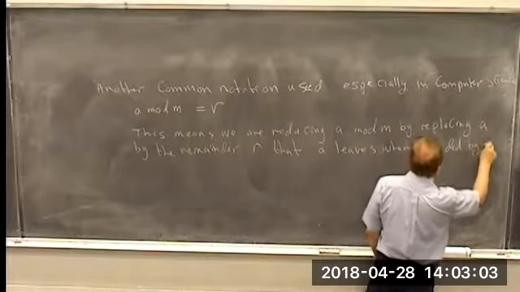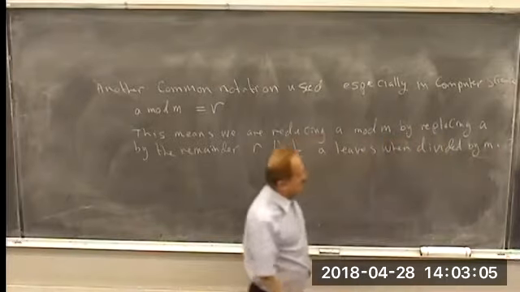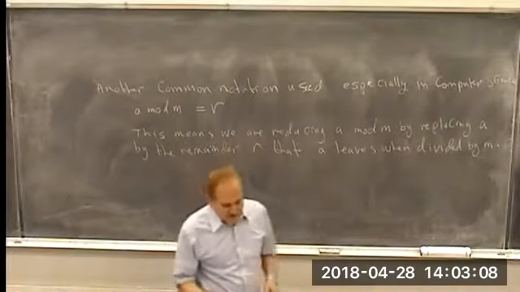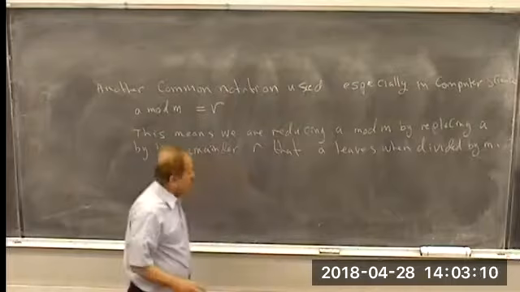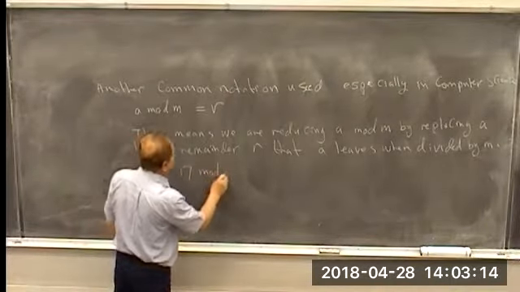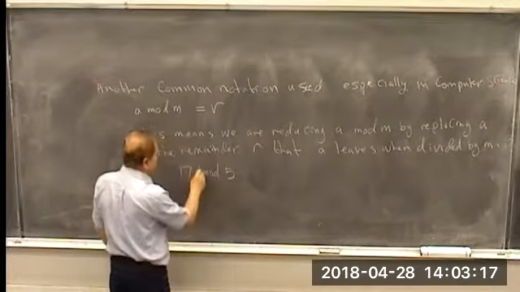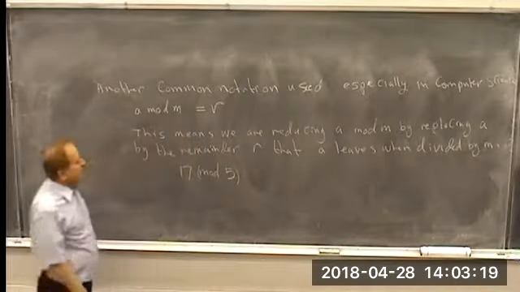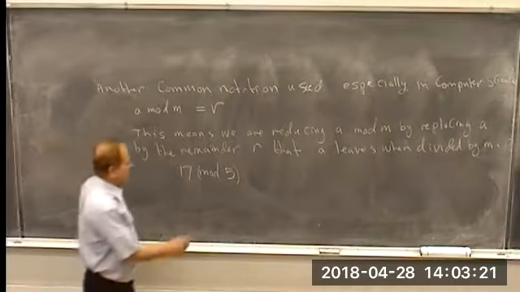All right, let's look at an example just to illustrate this idea. For example, if you take 17 mod 5, we can say this is equal to 2.